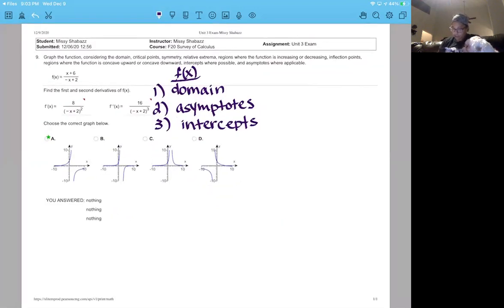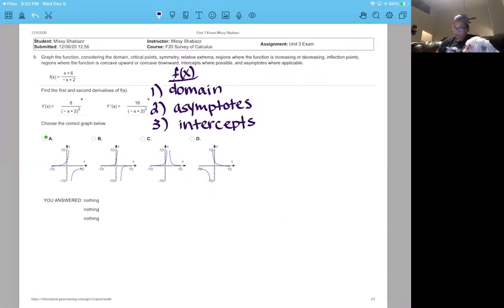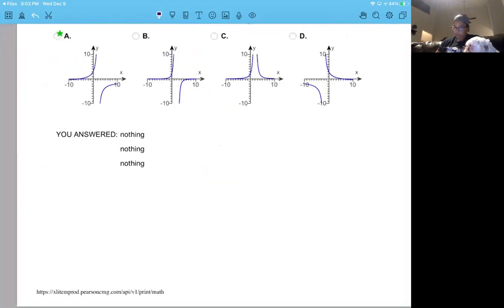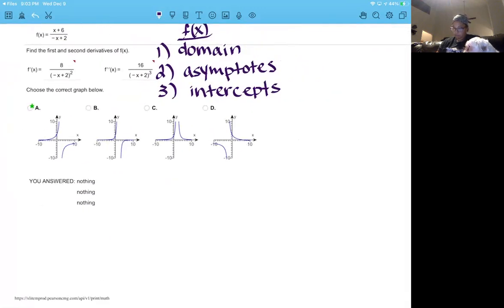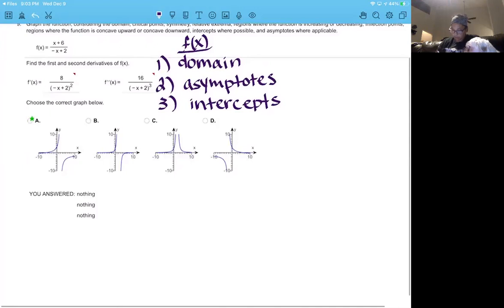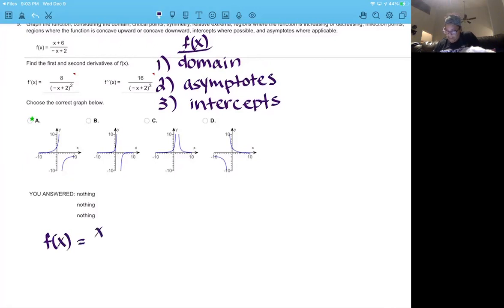All right, my function is f of x is equal to x plus 6 over negative x plus 2.